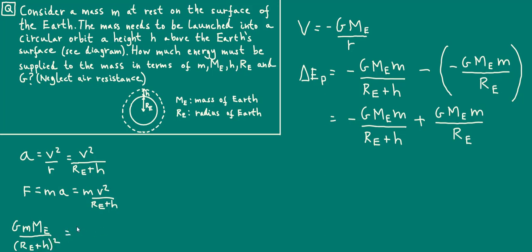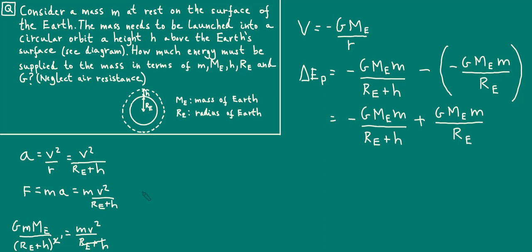So we can equate that to mv squared over R_E plus h. It's useful at this point to cancel out a factor of R_E plus h on the bottom here and on the bottom here. So we've now got an expression for mv squared, which is equal to what's left over on the left here.